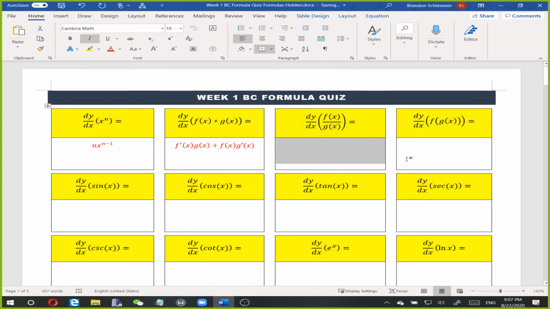Kelly, quotient rule? Perfect. And Kyle, chain rule?